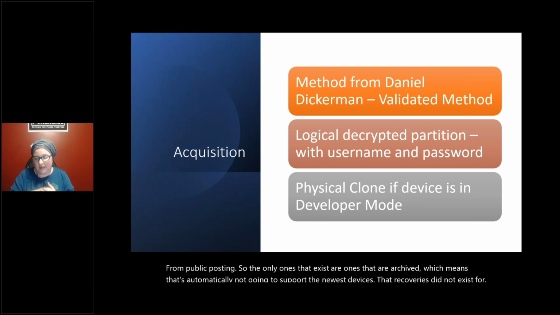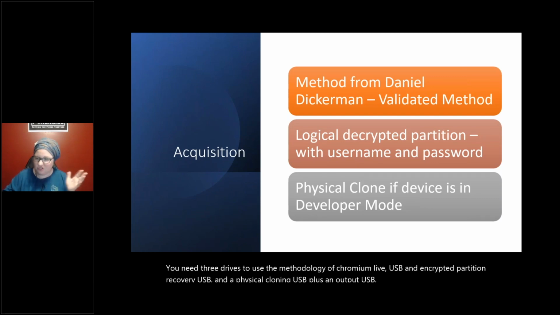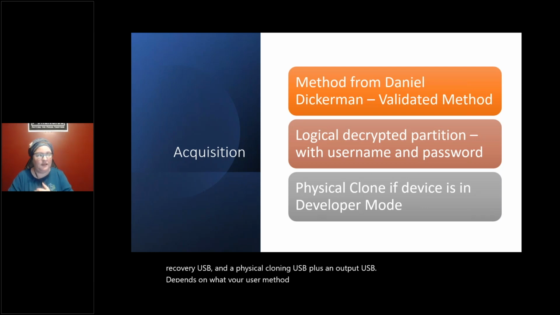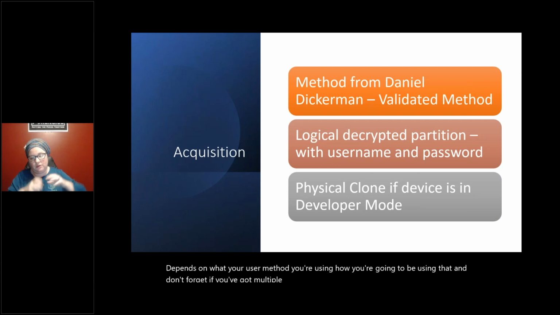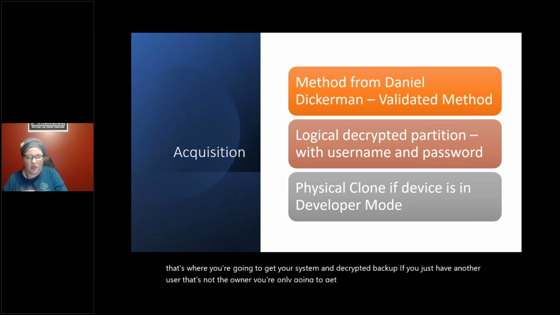You need 3 drives to use the methodology: a Chromium Live USB, an encrypted partition recovery USB, and a physical cloning USB, plus an output USB. It depends on which method you're using how you're going to be using that. And don't forget, if you've got multiple users, the owner account, whoever's the primary account, that's where you're going to get your system and decrypted backup. If you just have another user that's not the owner, you're only going to get that user's vault.